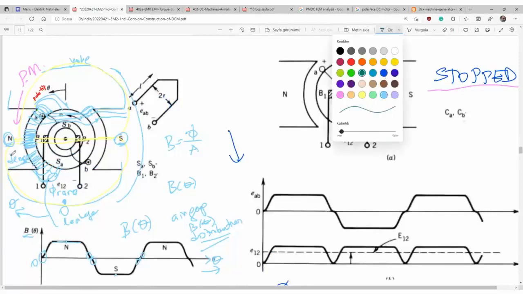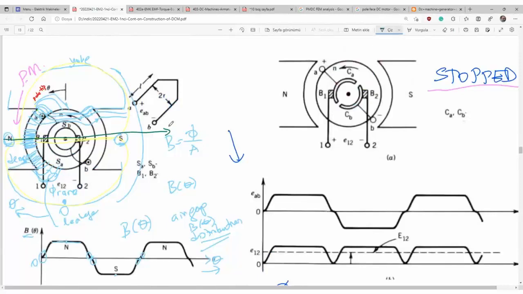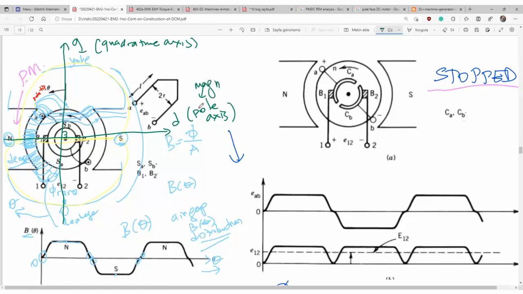That is the pole axis, D axis, magnetic axis, and the axis perpendicular to the D axis is called the Q axis, or quadrature axis. Sometimes we say magnetic axis.